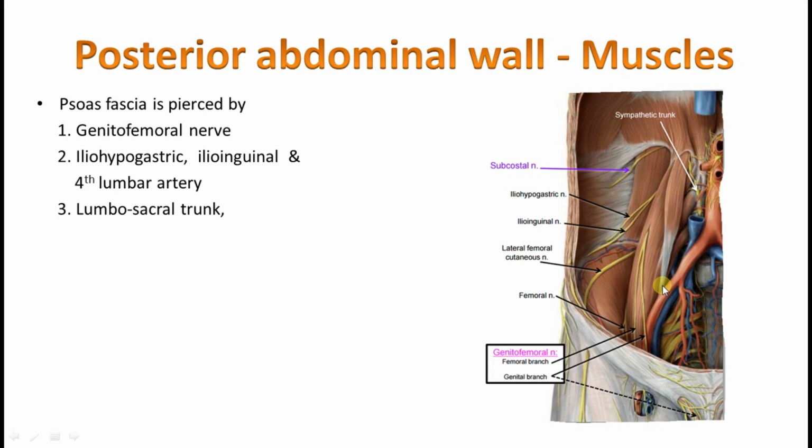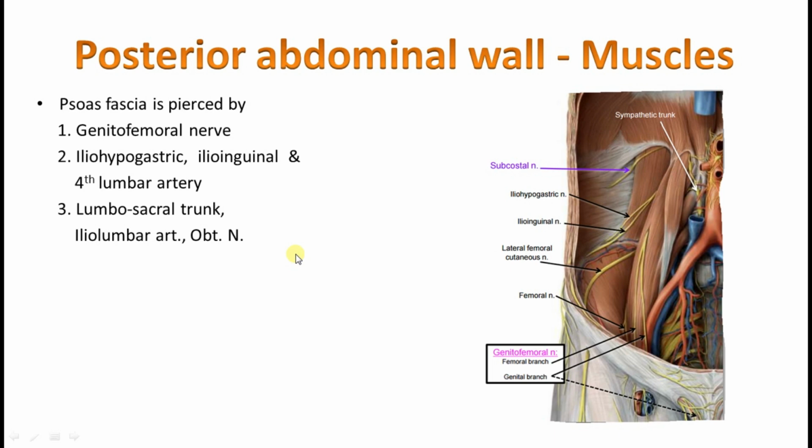Then the lumbosacral trunk is a combination of L4 and L5. All these pierce the psoas fascia and then take their respective course to supply their structures. These are the structures piercing the psoas fascia.